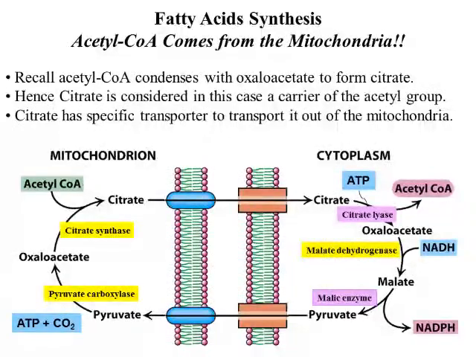So we have oxaloacetate. The two carbon compound, the acetyl group, is carried by citrate and is transported to the cytoplasm, where citrate is converted back to oxaloacetate. And oxaloacetate is converted to malate.